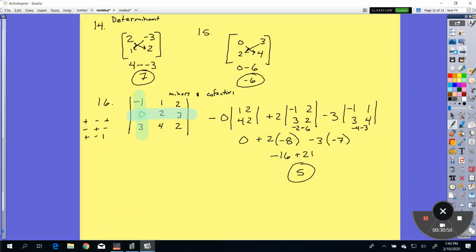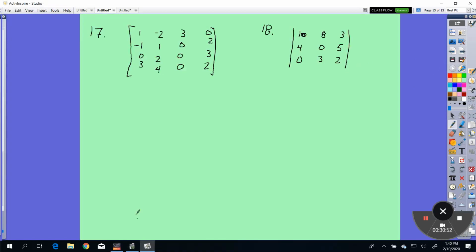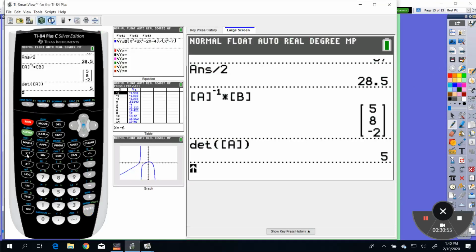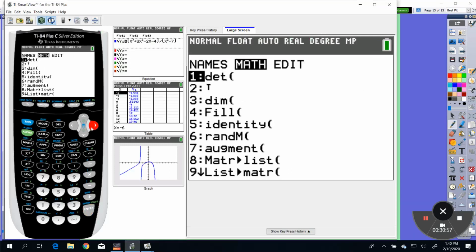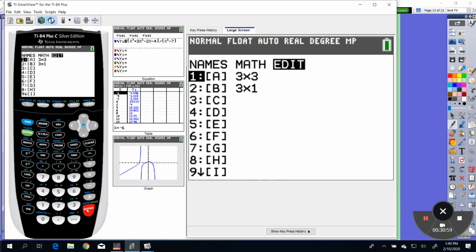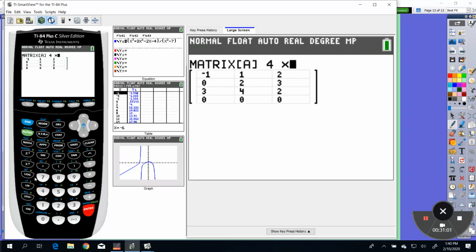Number 17 says do any method. So I'm going to go to the calculator again. Second matrix, edit. A, I'm going to make it a 4 by 4.